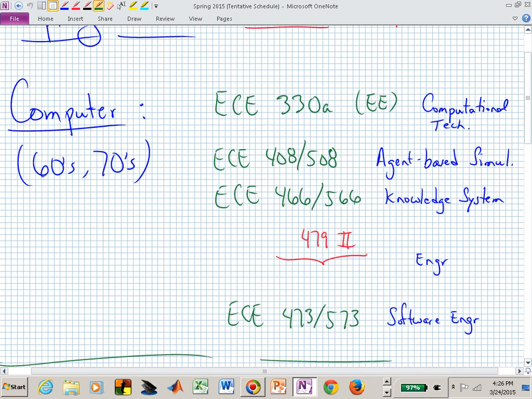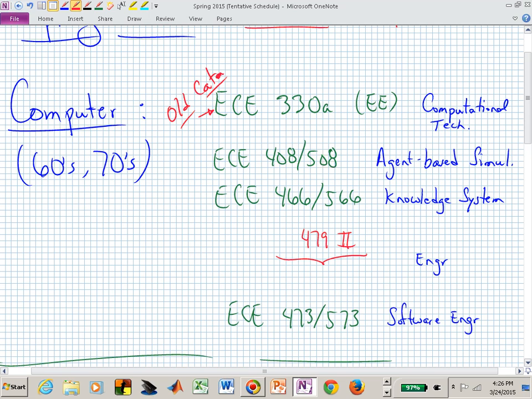In computer, if you're in an older catalog, I don't know when that's going to no longer even be an option. If you're an electrical engineering option, you may be able to take ECE 330A. That's computational techniques. You may want to take agent-based simulation, which is 408-508.